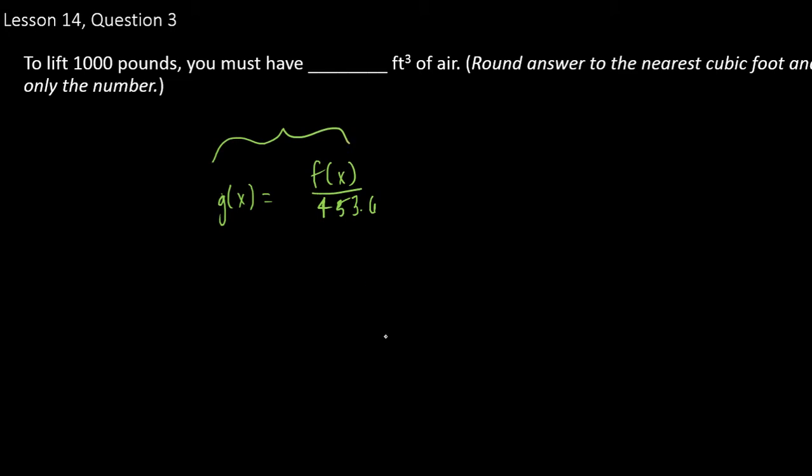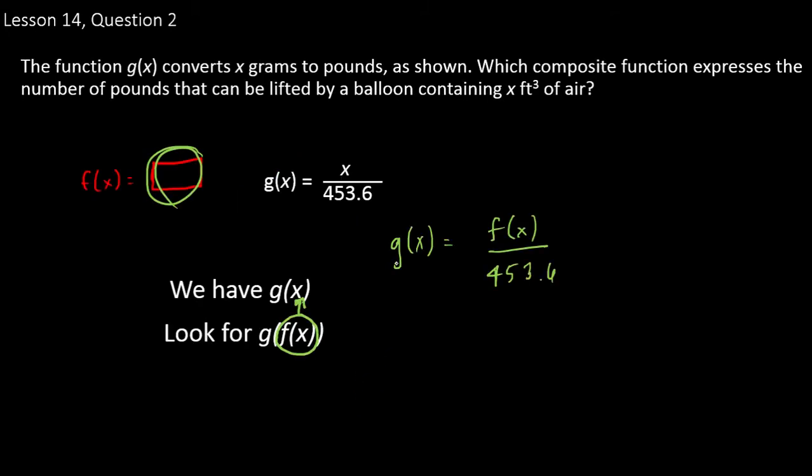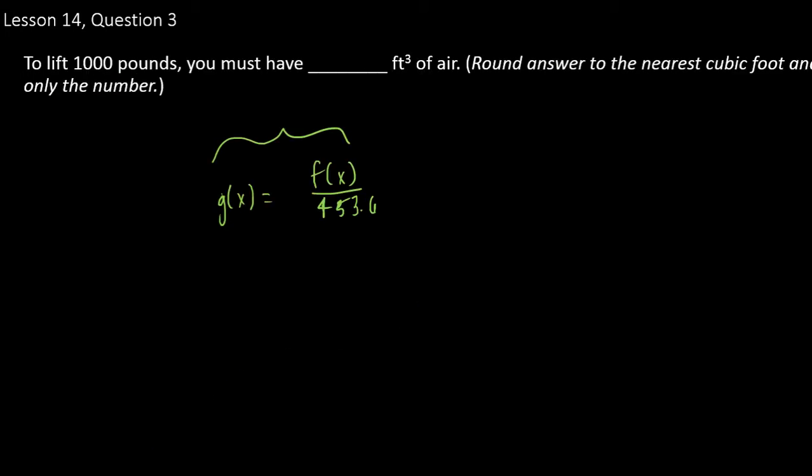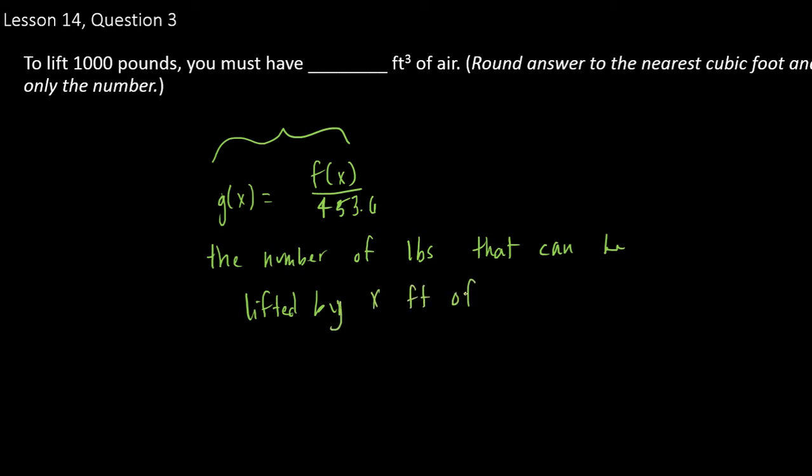And this function describes to us, again, the number of pounds that can be lifted by a balloon containing x feet of air. So this is the number of pounds that can be lifted by x feet of air.